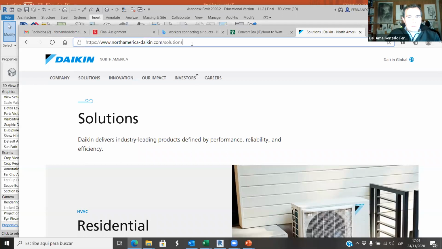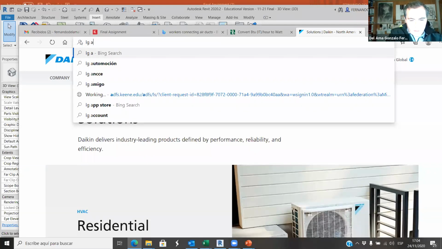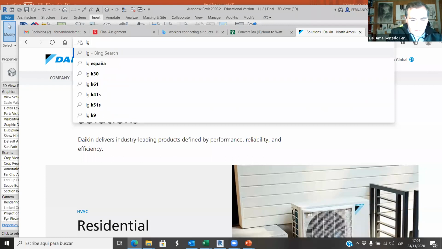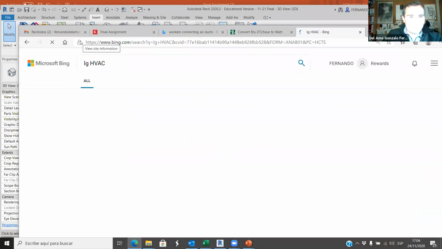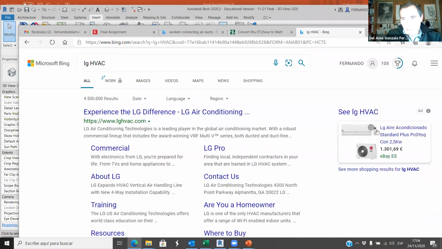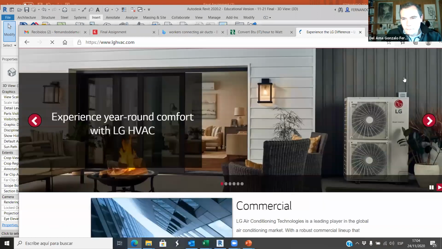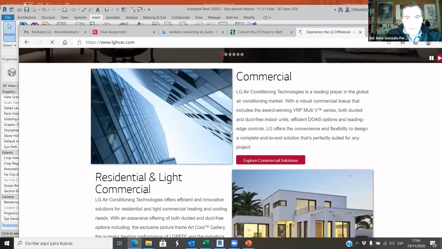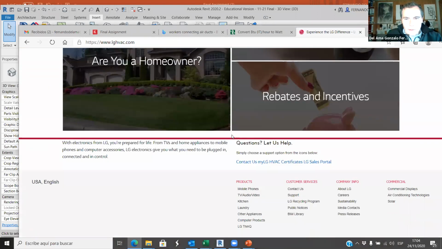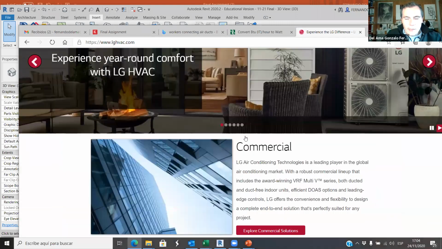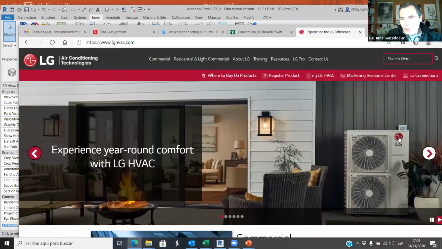There are a lot of companies. If we look at LG HVAC, I'm sure we have other companies. I don't know any American brands for this.